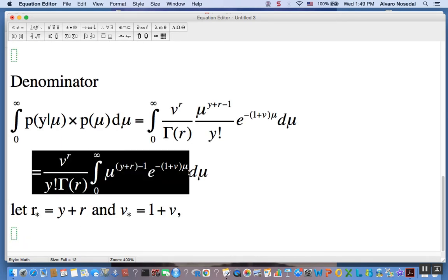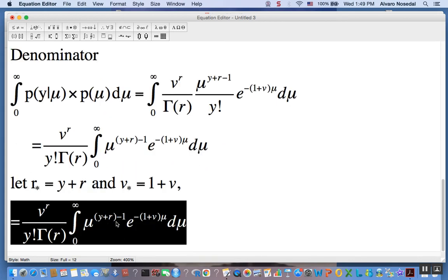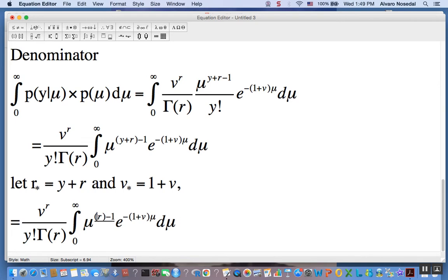Then what we're going to have inside that integral will be something like this. We have r star and we have v star. Now we would like to have a gamma PDF here, right? So in order to have that, we need an appropriate constant, right?